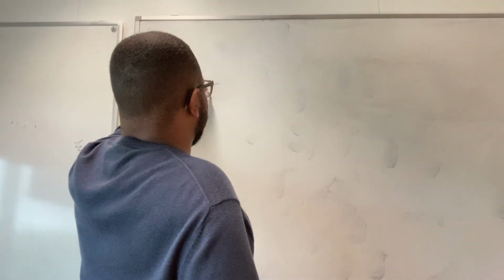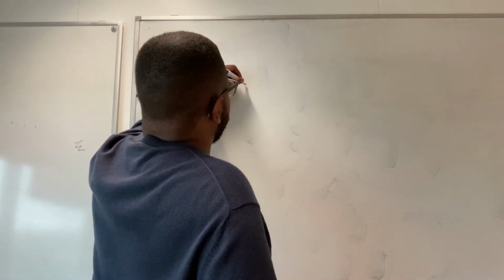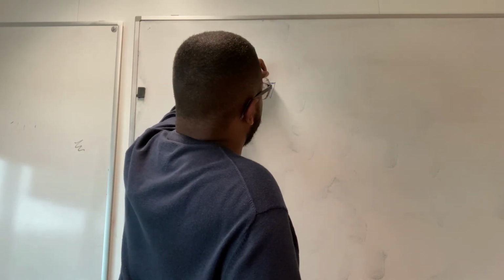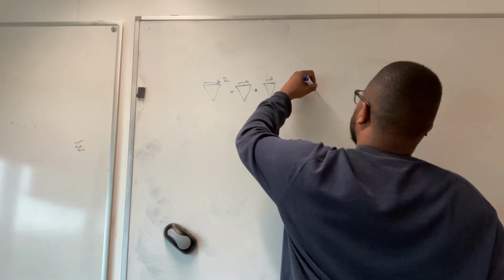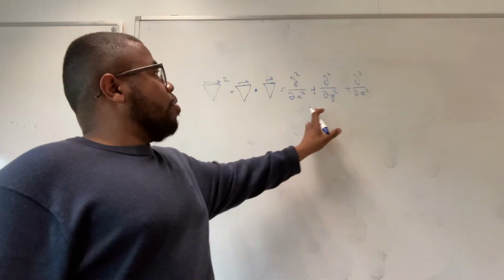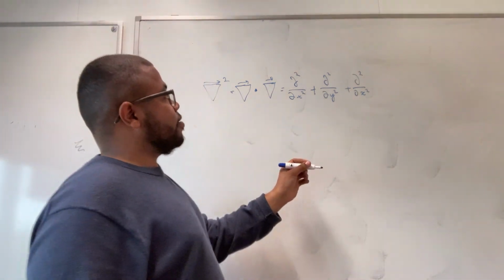One of the last things which we want to introduce in this video is the so-called Laplacian, which is in essence the dot product of the del operator with itself. And what this gives is the following. So you have the del operator, but you have the dot product of it.